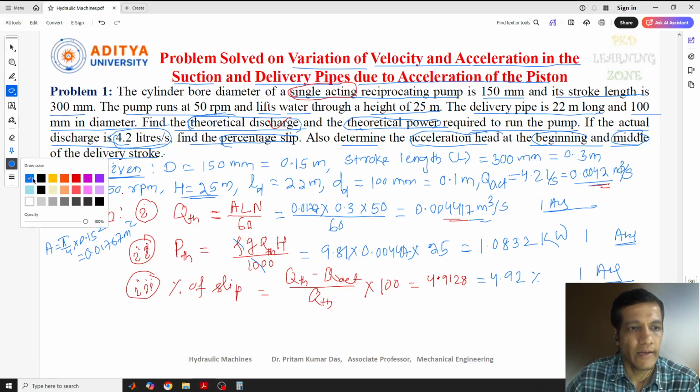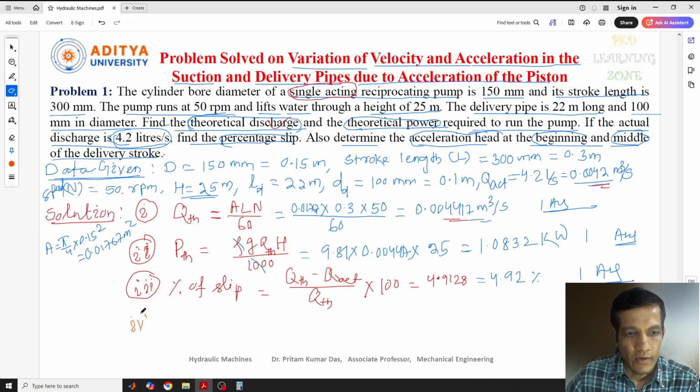The next point we need to calculate is the acceleration head at the beginning and middle of the delivery stroke.